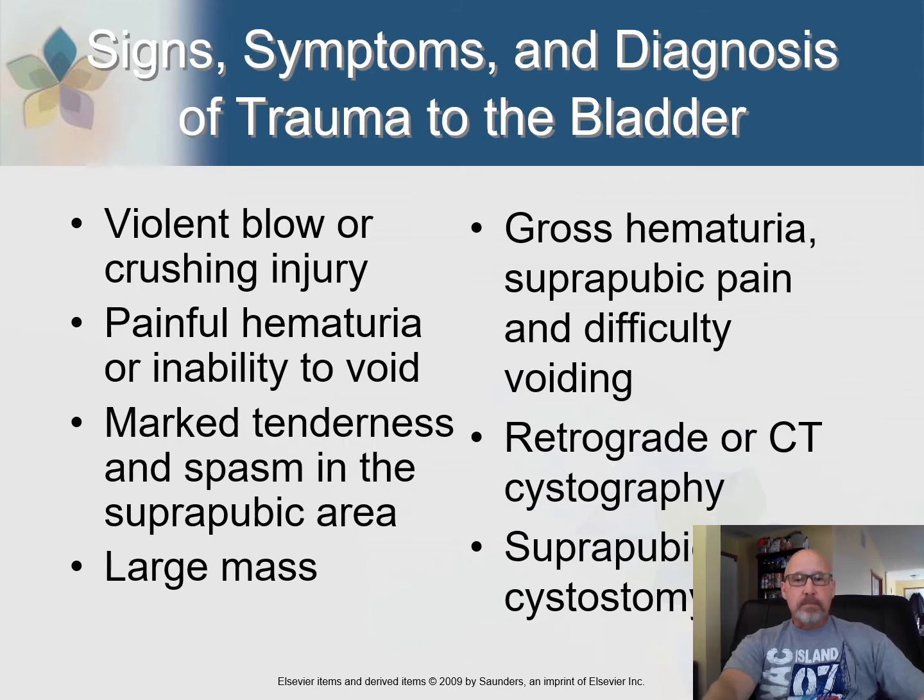So, how do you diagnose it? Well, what's the mechanism of injury? Did they suffer a violent blow, trauma, crushing injury? Do you have the triad? Is there frequency, urgency, painful urination? Are they creating urine? What is my overall baseline? And then you do follow-on labs to compare to your baseline.